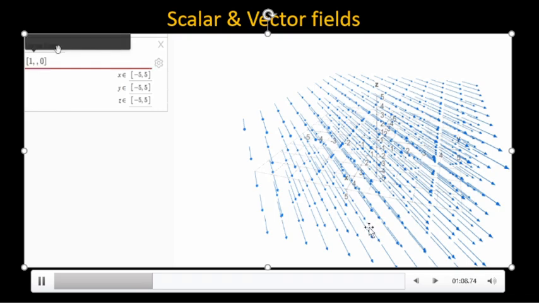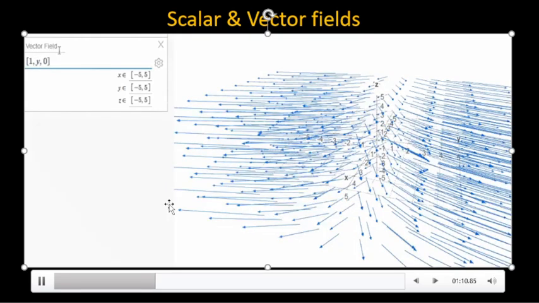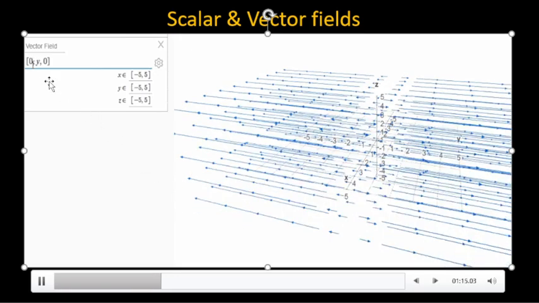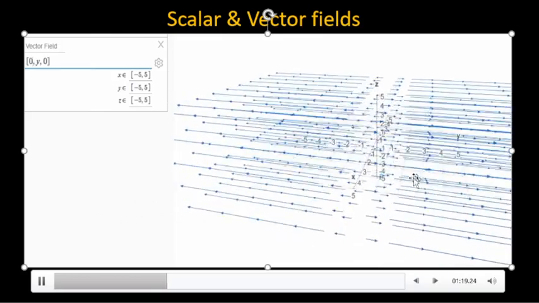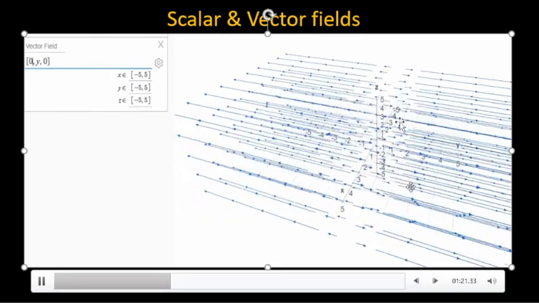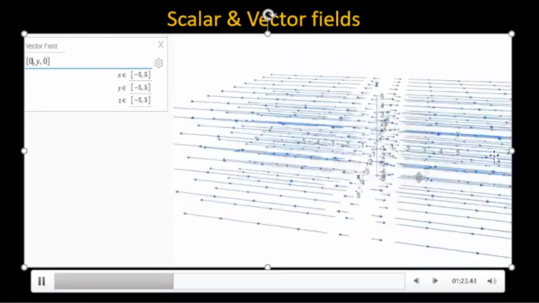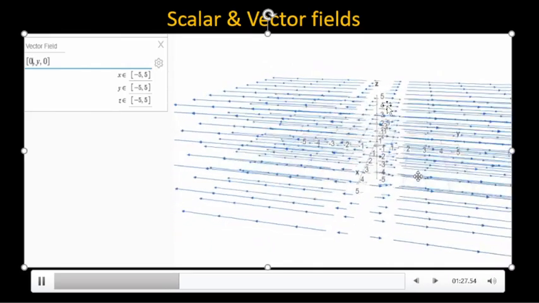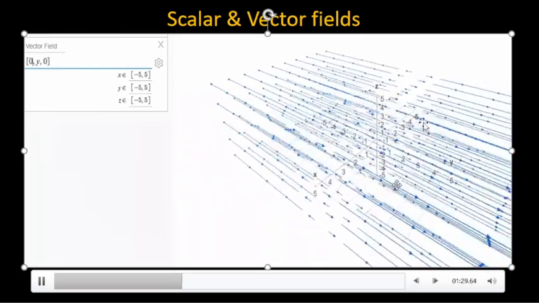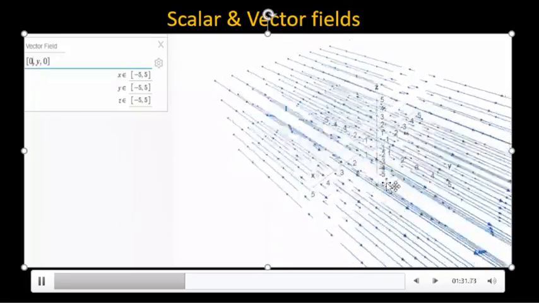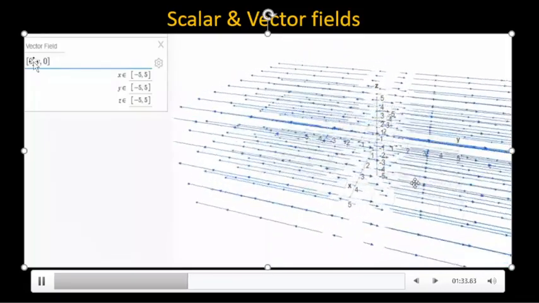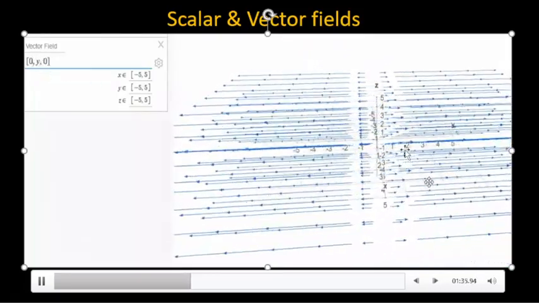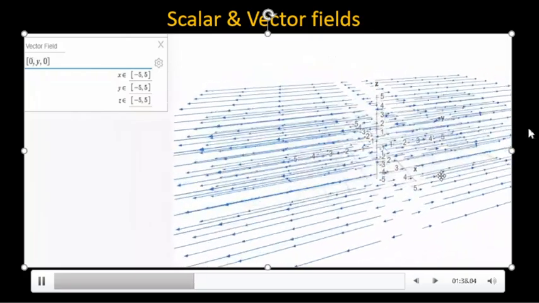Now if I go for some non-uniform vector field, if I consider 0, y, 0, that we have considered, it's directed along y, but close to the origin the magnitude is lesser. If we move away from the origin along y direction, the strength is increasing because it is y. At 1 it is 1, at 2 it is 2, at 3 it is 3.